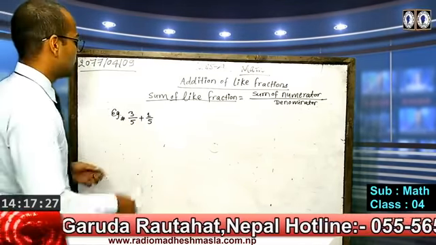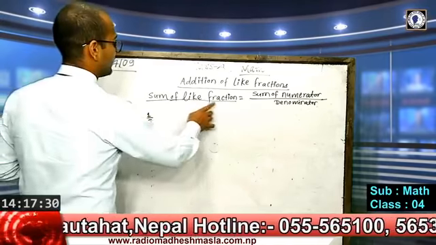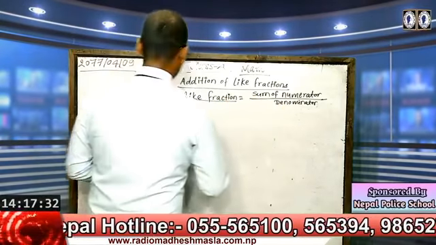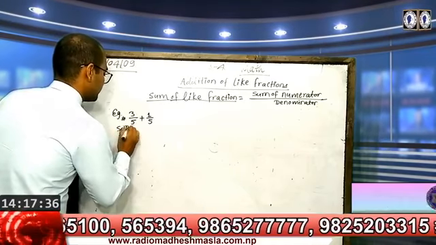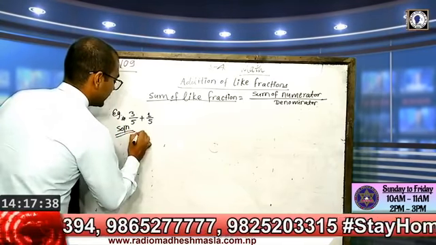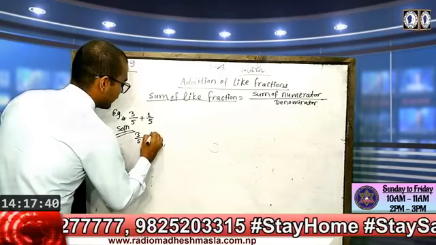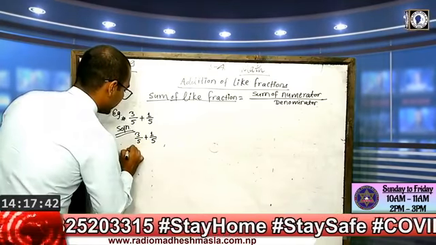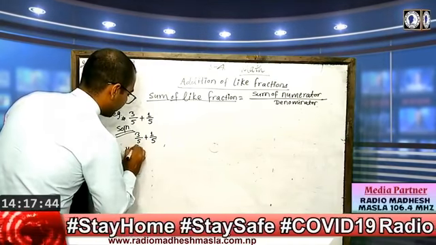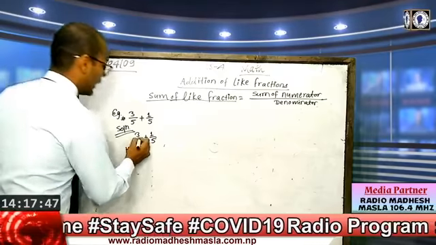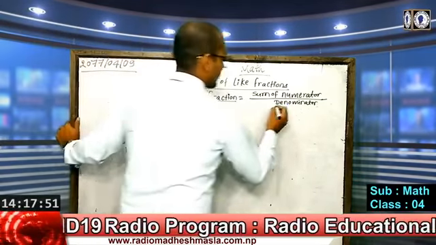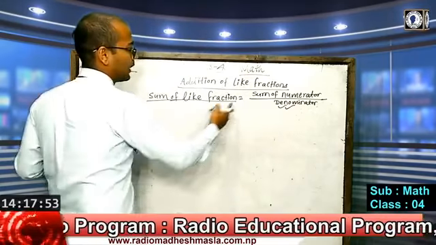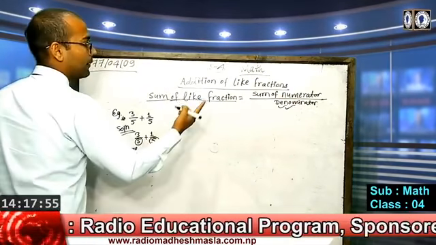So to find the sum of these fractions, we can write like this. Solution of 3 by 5 plus 1 by 5 is equal to, here we have the same denominator, so we should write the denominator, as we know the formula, sum of numerators upon denominator.